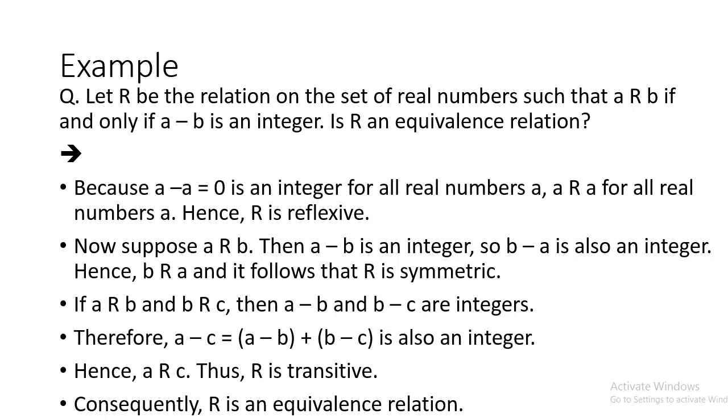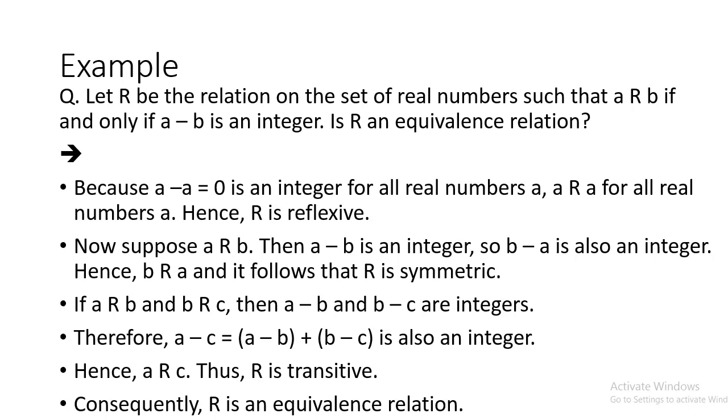Now to check the symmetric property, we have to suppose that a is related to b, that is a R b. By assuming that a R b, we get a minus b is an integer. How? Because in the question itself it is given. Let R be the relation on the set of the real numbers such that a R b if and only if a minus b is an integer.